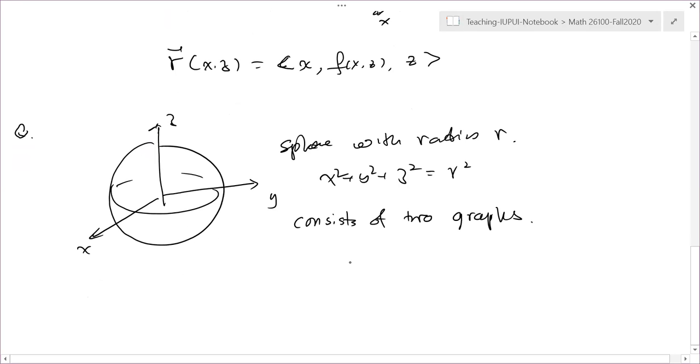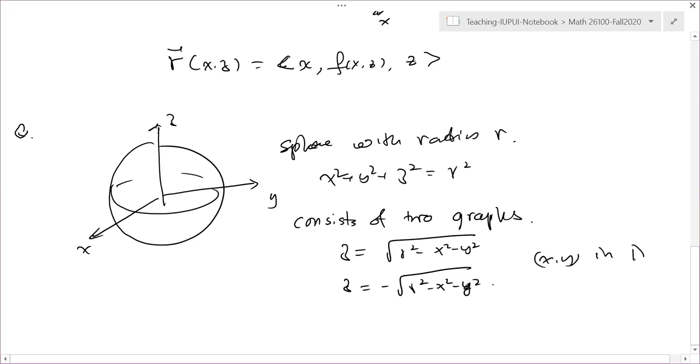Okay, one is the upper one, you can view it as z equals the square root of r squared minus x squared minus y squared, right? And the other one is the negative of that. Okay, and both have x, y in the same domain.